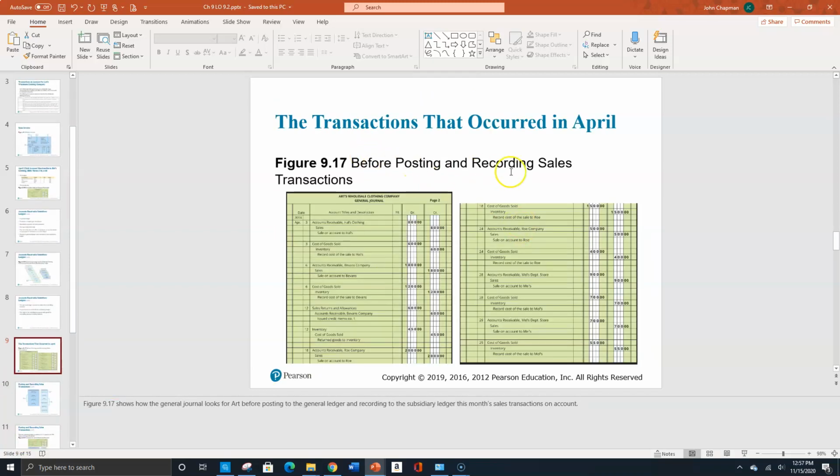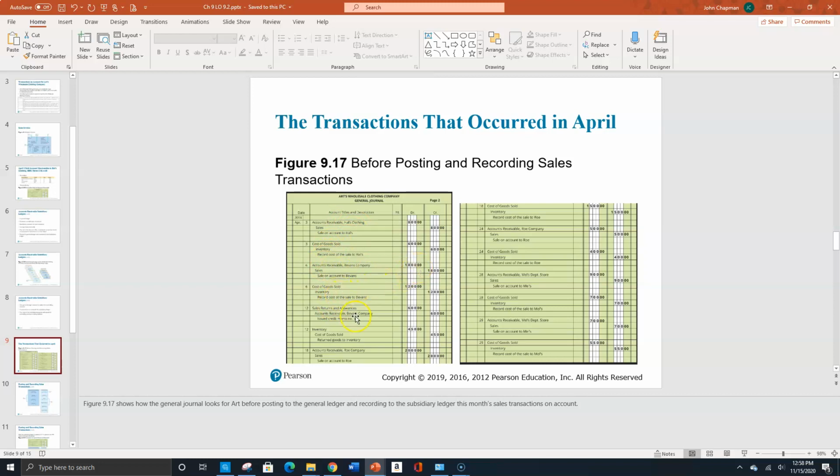Okay, so before posting and recording sales transactions, here are all the different journal entries we'll have in our general ledger. But then you will also have accounts receivable Hal's Clothing, accounts receivable Bevan's Company.